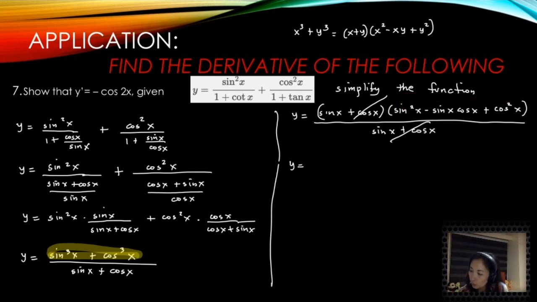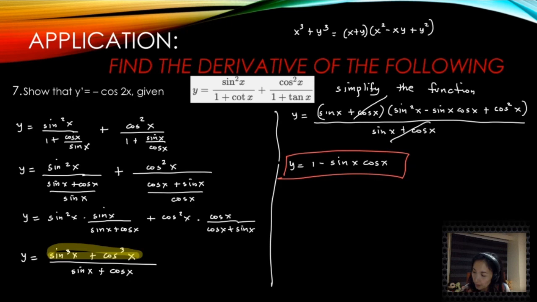Yes, 1 minus sine x cosine x. So we simplified the given into this, a very simple form. Now we are ready to differentiate.